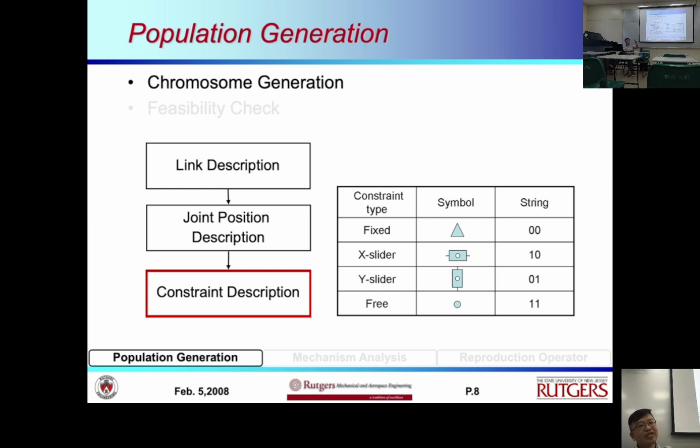So whether it's fixed, X slider, Y slider, or free. Free means that later on when she solved kinematics, the joint can be freely moved anywhere. Okay. So for every point, she used 2 extra digits to define its type.